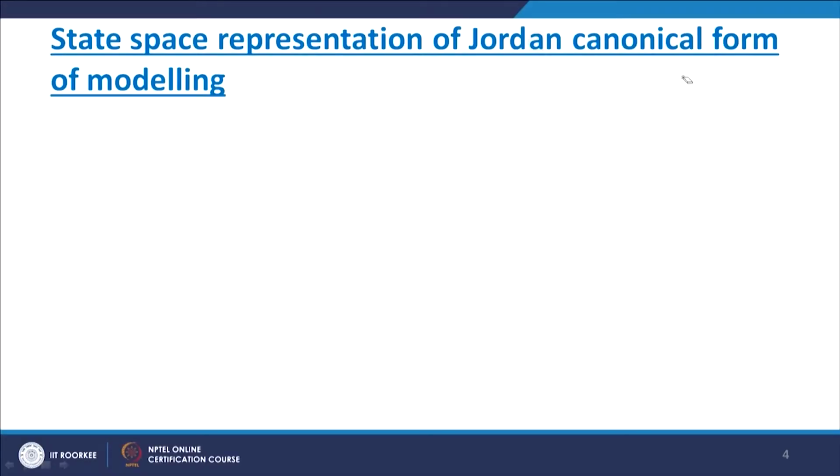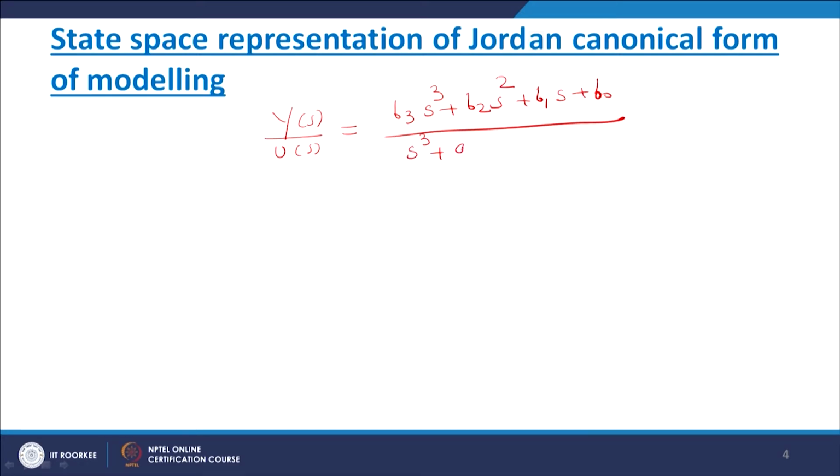Now we start with representing any system in Jordan canonical form. For that purpose we write the equation as Y(s)/U(s) equal to (b3 s cube plus b2 s square plus b1 s plus b0) divided by (s cube plus a2 s square plus a1 s plus a0).